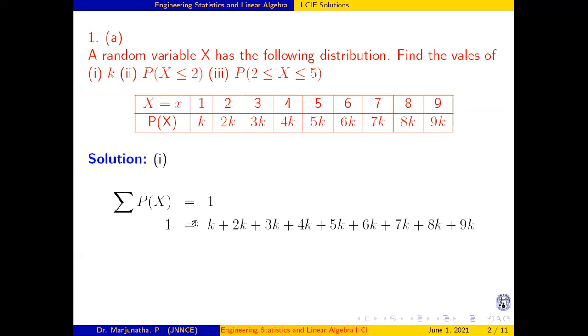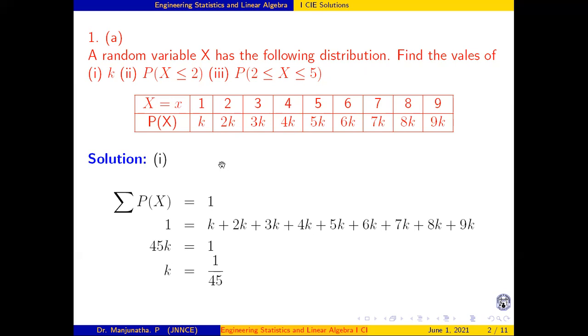Then k plus 2k and so on, the sum of all these probabilities will be equal to 1. When we add k, 2k, 3k up to 9k, that will be 45k. That is equal to 1, and automatically k will be equal to 1 divided by 45. So this is the answer for part 1.